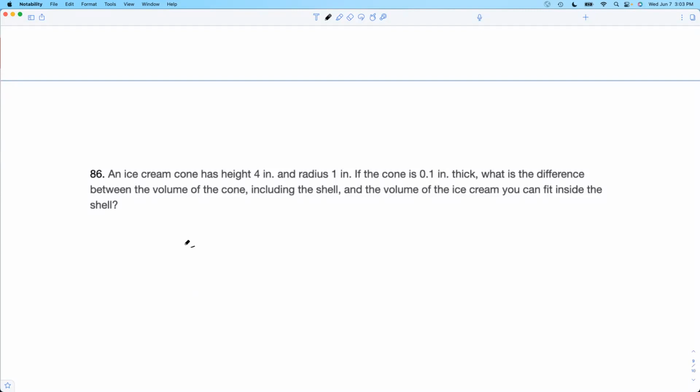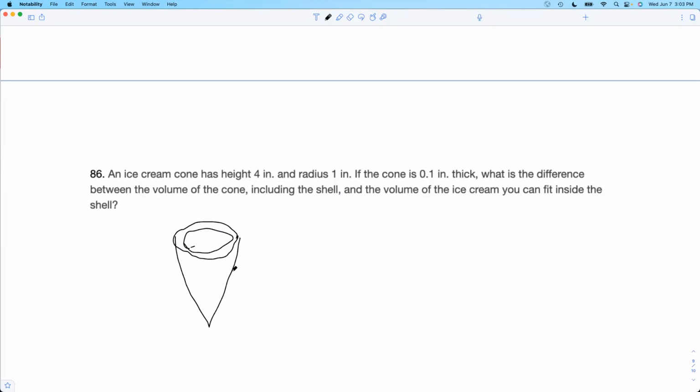So let me draw this out and maybe this will be clear. So the cone is empty, right? Because it's an ice cream cone. You put ice cream in it. What we're approximating is the actual waffle cone itself.